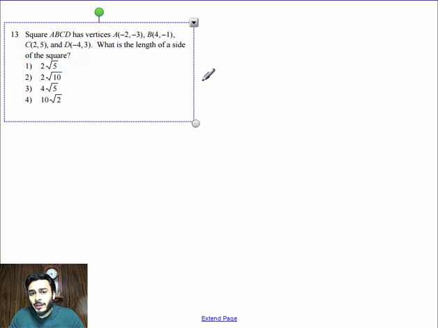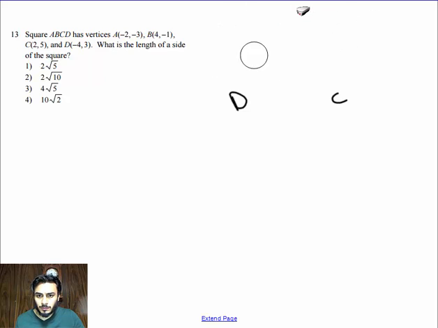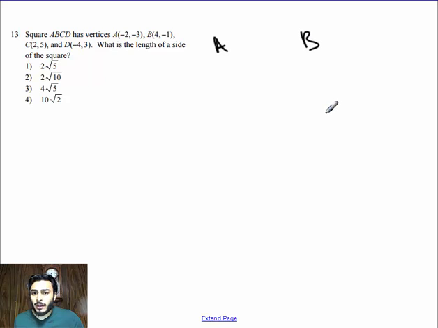Now, make sure that when you find the length, you actually find the length of a side and not a diagonal. So if you were to just draw in a square ABCD, you have to remember that the vertices have to go either in clockwise or counterclockwise order.